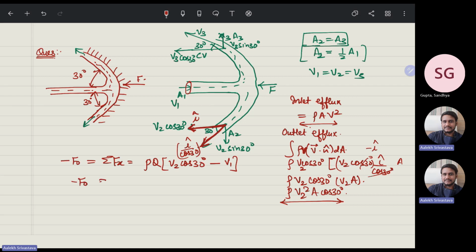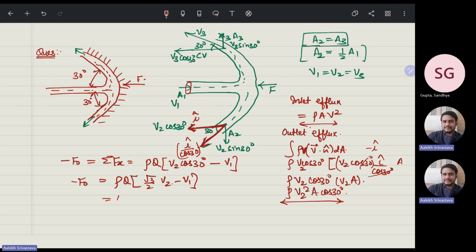So minus F0 is equal to rho into Q into V2 cos 30, and cos 30 is root 3 by 2, into V2 minus V1, and we know V2 is equal to V1.